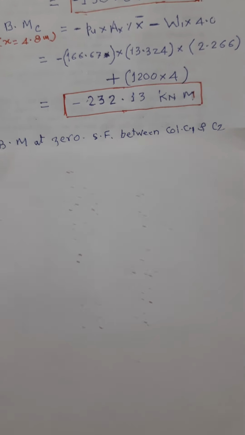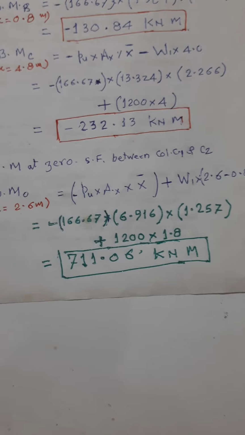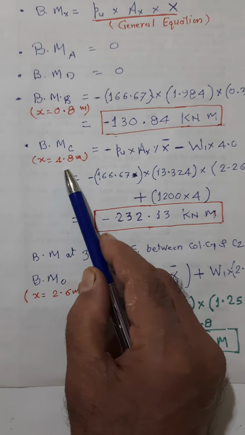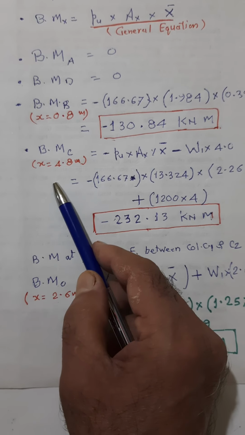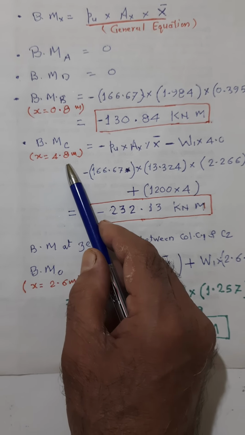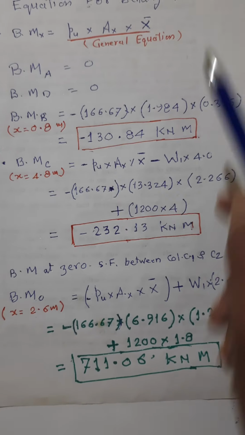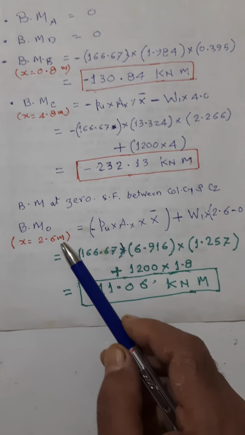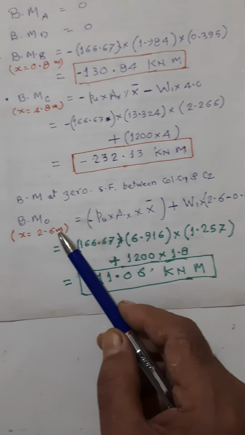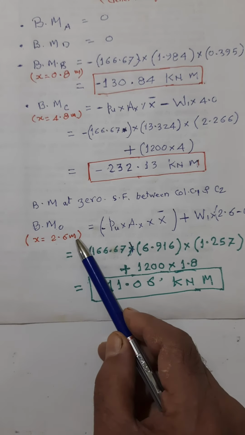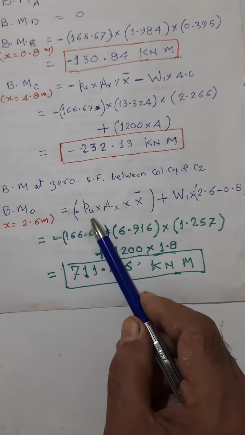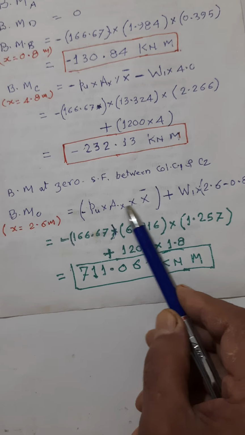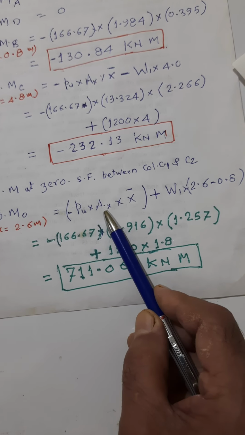Now, similarly, calculating the value at a distance of 0.8 meter, then at 4.8 meter, that is at column B, and then at the third point, that is at a distance of 2.6 meter, again Pu into x bar, 166.67.